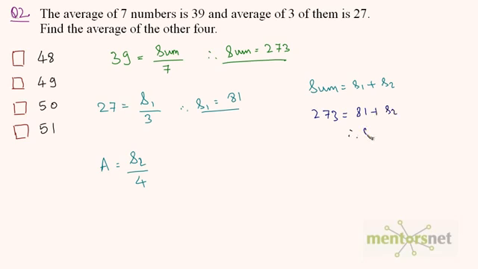So we can get the sum of the other 4 numbers as 273 minus 81, which is equal to 192. Now we can get the average of the other 4 numbers. S2 divided by 4 is 192 divided by 4, which is equal to 48.